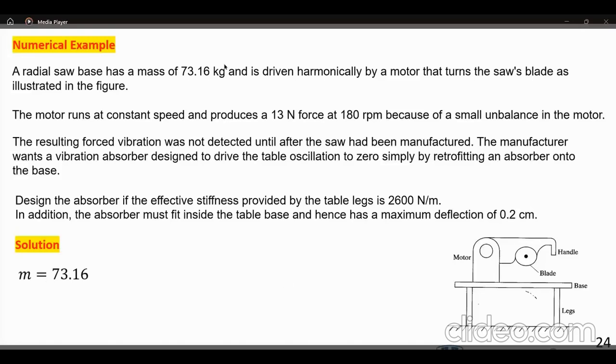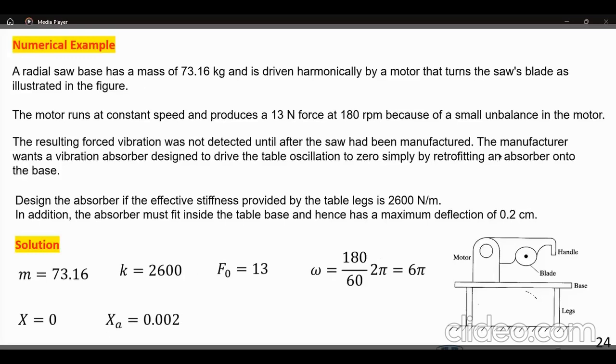Mass of the machine, stiffness of the legs, F naught we know, omega, the speed RPM of the saw we know is this. We want the table, the actual machine, not to move, and we want the amplitude of the absorber mass to be 0.2 centimeter, which is 0.002 meter.